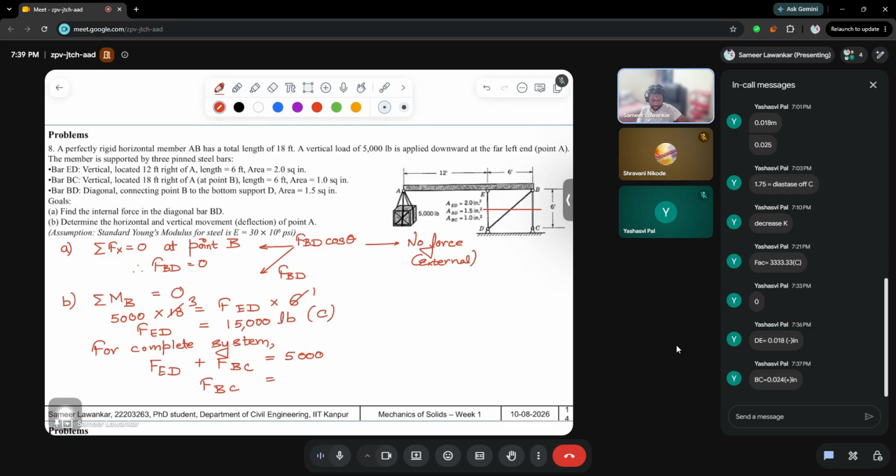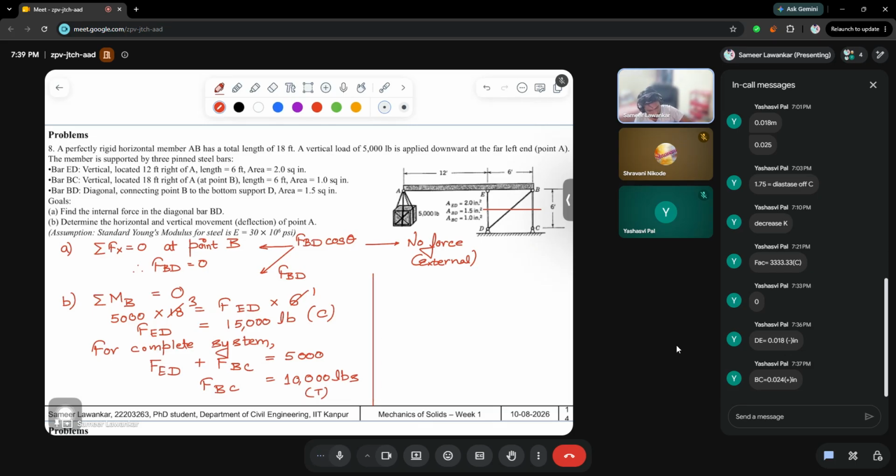Therefore, it's minus 10,000. I'm assuming it to be in compression, but because it is minus 10,000, in another way I can write this as 10,000 in tension. So it's 10,000 pounds in tension. Fine.